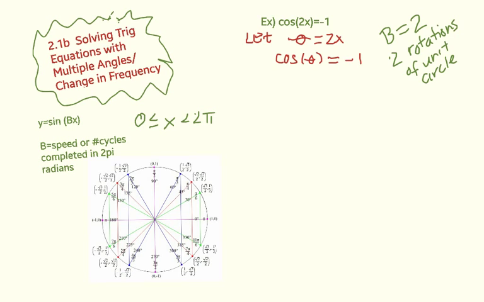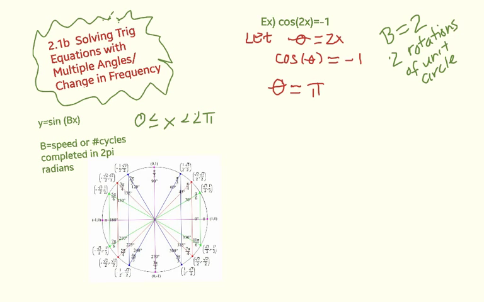As I'm thinking here, I now want to find all of the angles on my unit circle that have a cosine, or x value, of -1. If I look at my unit circle, that happens right here at pi. So I can say that theta equals pi.